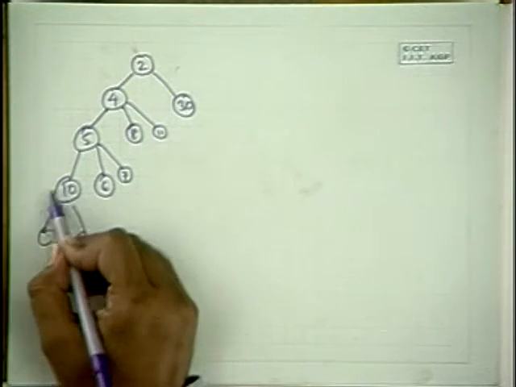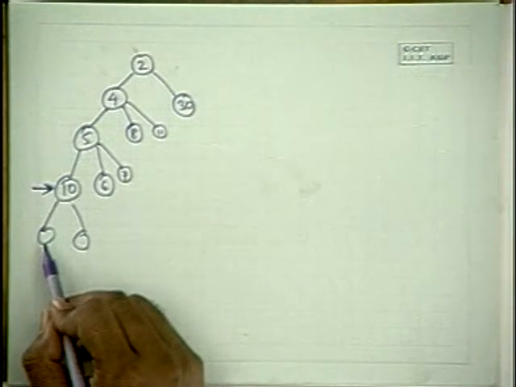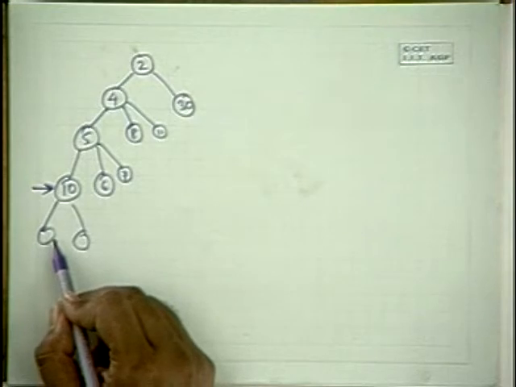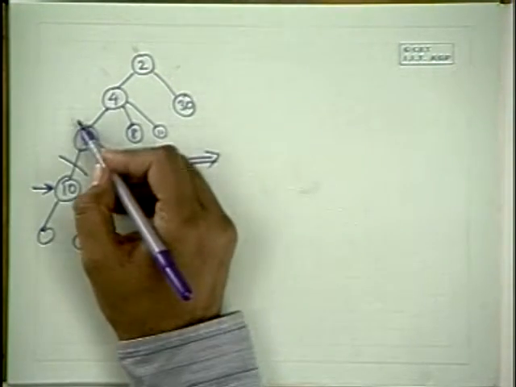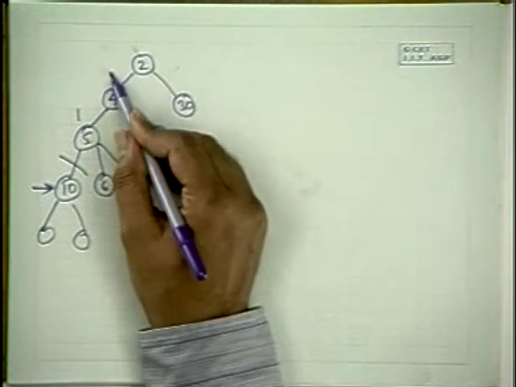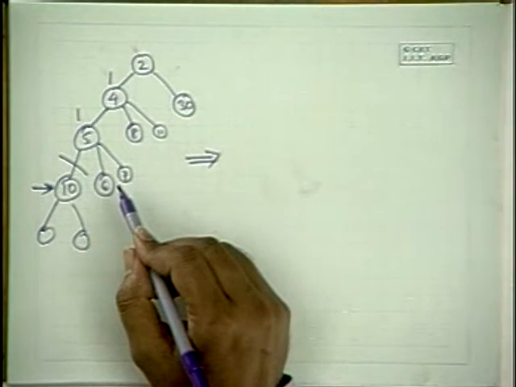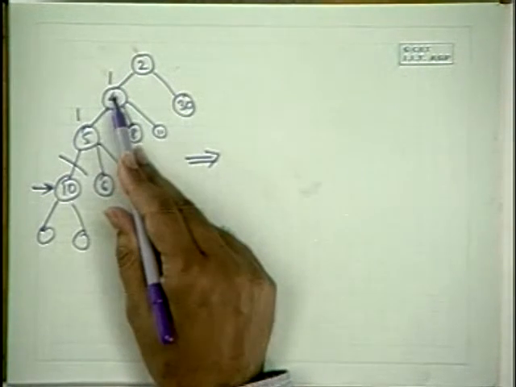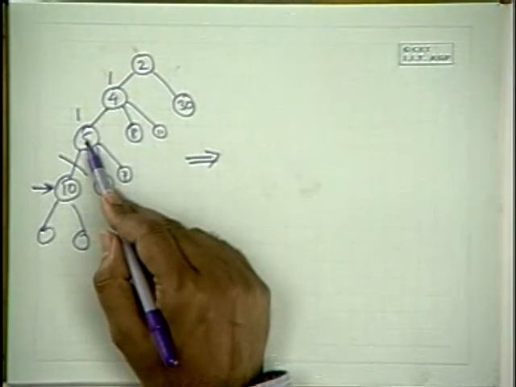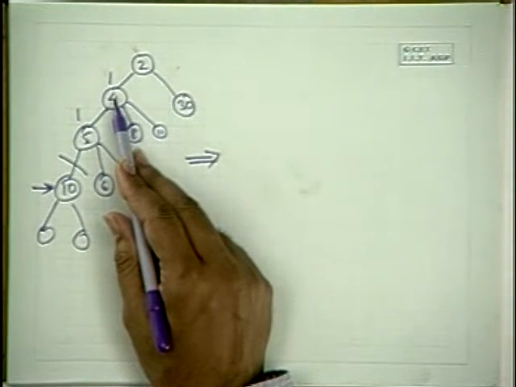So now suppose we are changing this node 10 to 7. It has decreased. So once we do this, definitely it has been cut from here. And suppose these are marked. 5 is marked, 4 is marked. Suppose they have already lost one child by previous operations, so that's why they are marked already.